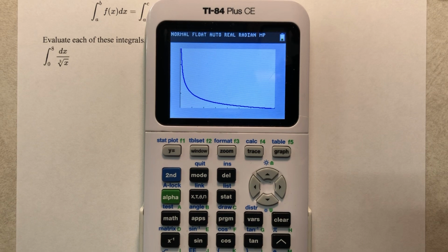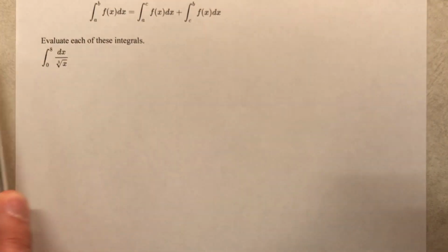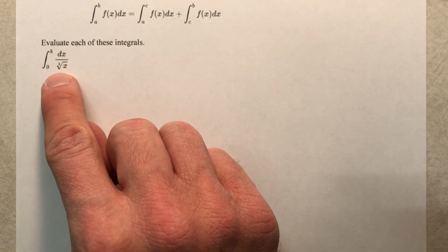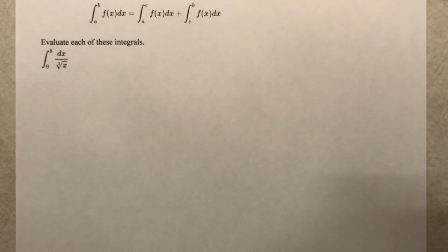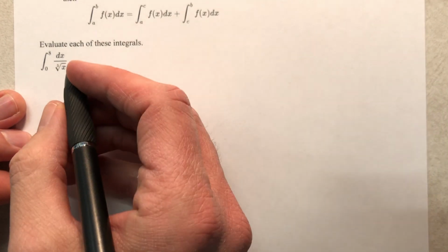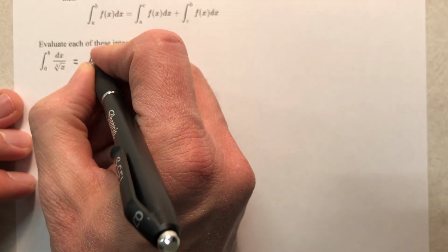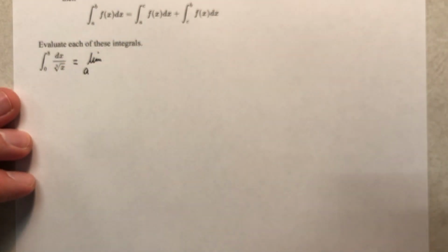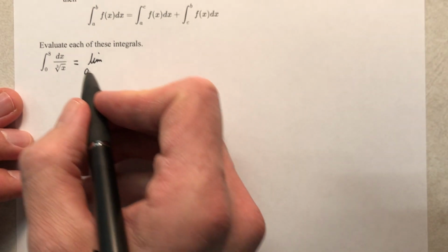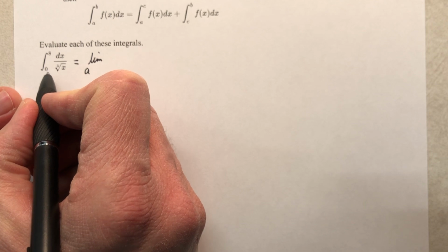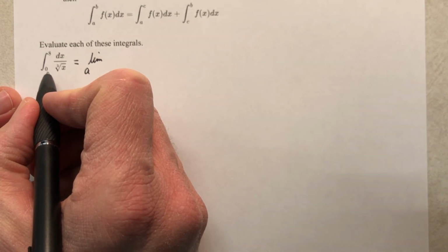I wonder what I can do to evaluate this integral. I can't just use the fundamental theorem of calculus straight up, because I'd have to plug in an 8, that's cool, and plug in a 0. How are you going to do that? So don't. What I'm going to do instead is take the limit as a, because that'll be a, that'll be b, and a is the forbidden number. a is where my infinite discontinuity is.